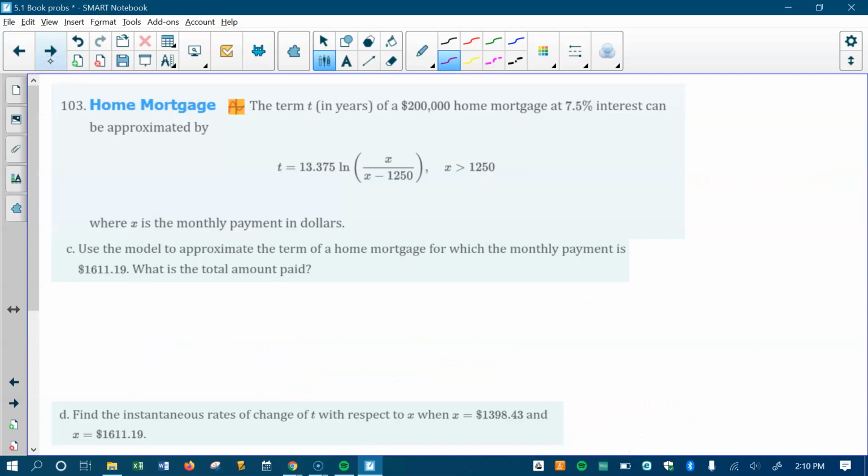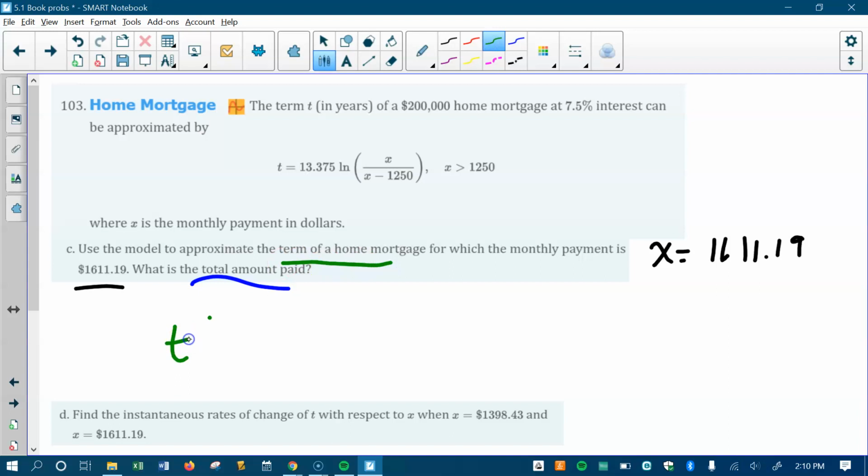For C, we need to do the same exact thing. The monthly payment is X, X equals this, 1611.19. We want to find the total amount paid. So let's first find the term of the home mortgage.